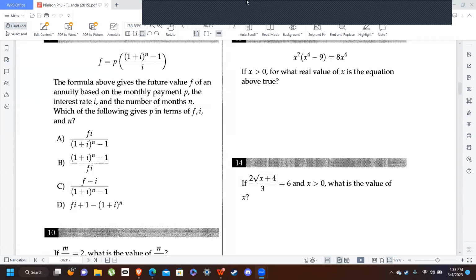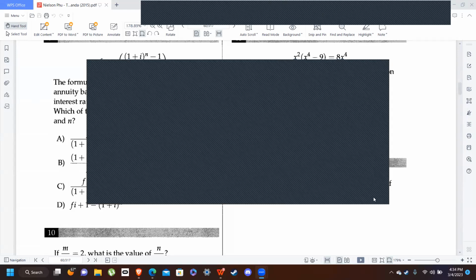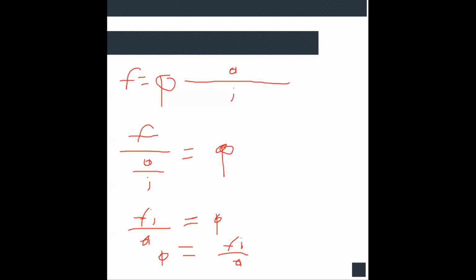So for those who didn't get it, we have F is equal to P times a numerator divided by I, right?